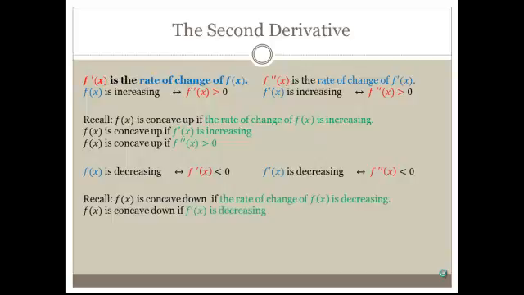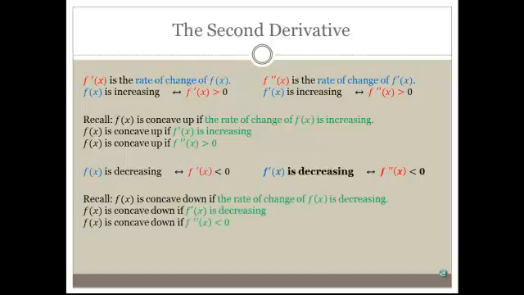But the rate of change of f of x is f prime of x. So f of x is concave down if f prime of x is decreasing. But we just saw that f prime of x is decreasing if its derivative, f double prime, is negative. So f of x is concave down if f double prime of x is negative.